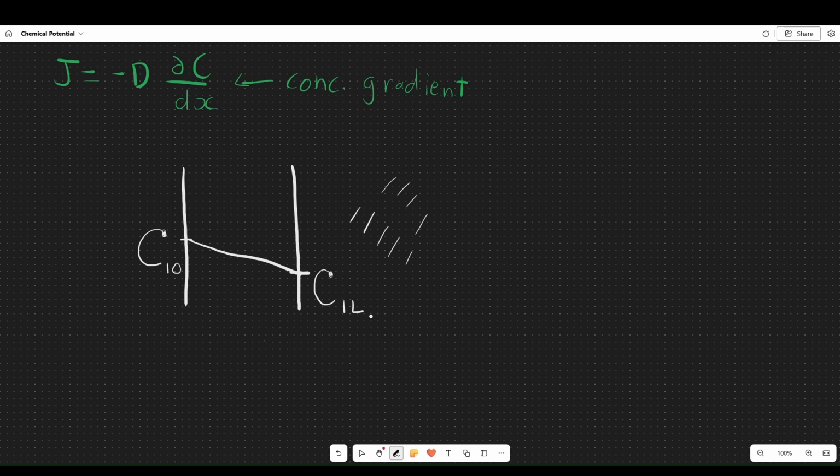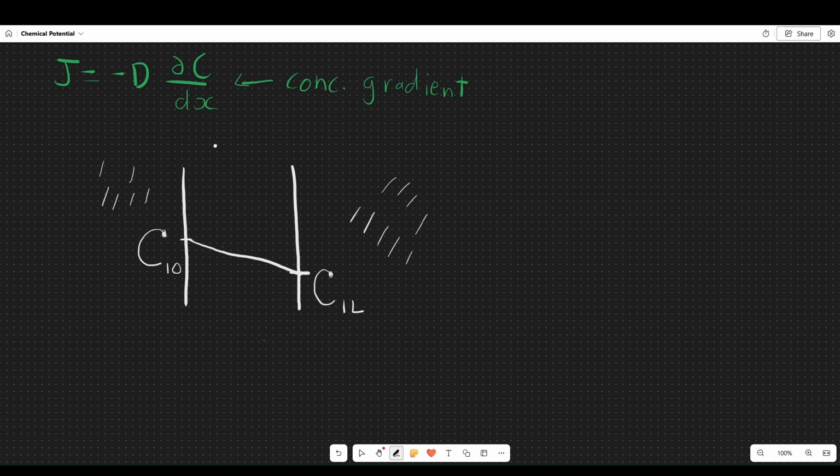This system basically assumes that the solubility inside the film is the same as the solubility outside in these solutions, which oftentimes in real life is not true. The membrane might have its own solubility, and so we can't really determine that.